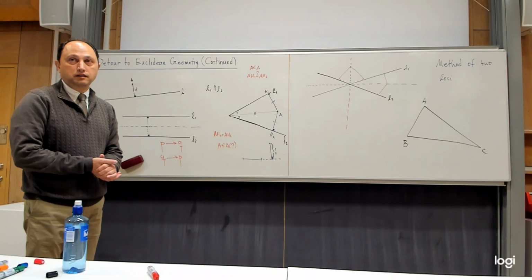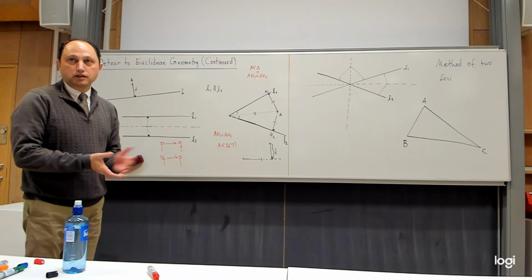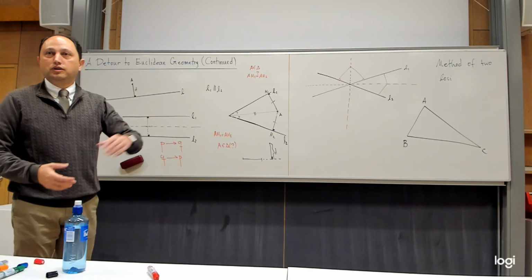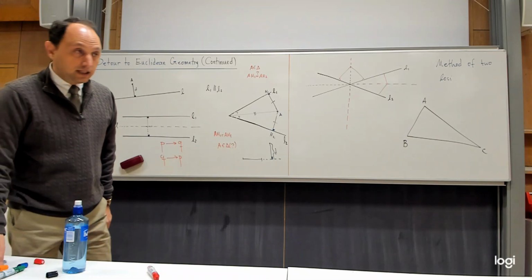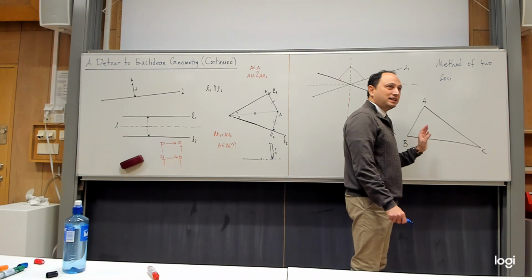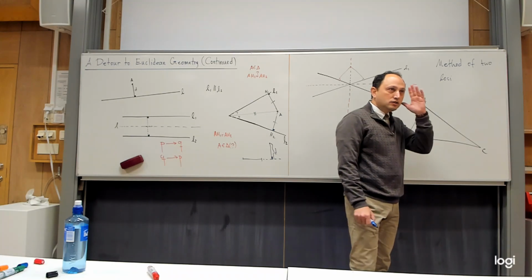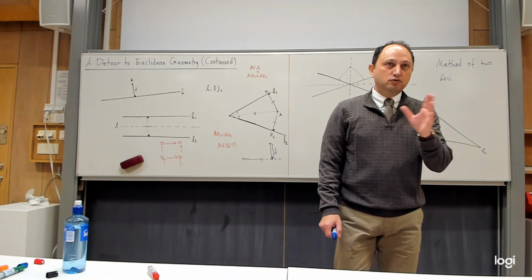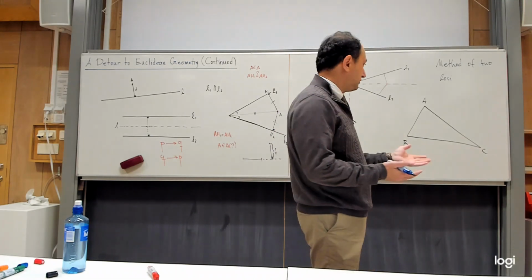Yes? Is it that you draw the locus for the points and then the locus for the sides and then see where they intersect? Exactly. So that's the method of two loci. Because you are looking for a point which is equidistant, it might be a little bit hard. If you don't have any strategy to solve the problem, it might be hard to find the point.